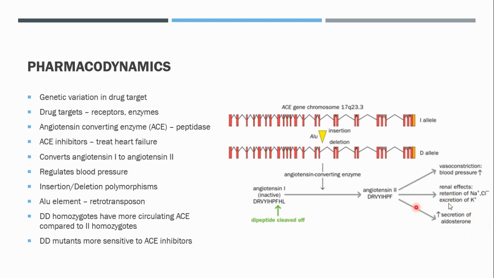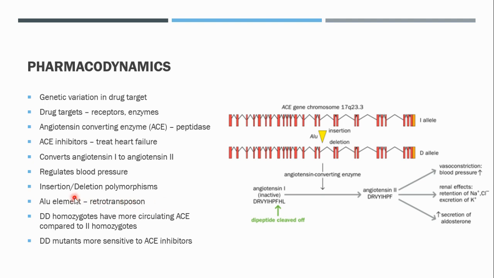So angiotensin 2 is responsible for increasing blood pressure. And therefore, these ACE inhibitors can be used to reduce the amount of angiotensin 2 and therefore relieve the increased blood pressure in patients who have high blood pressure. So ACE inhibitors are commonly used to treat heart diseases. And they are also used to regulate blood pressure.